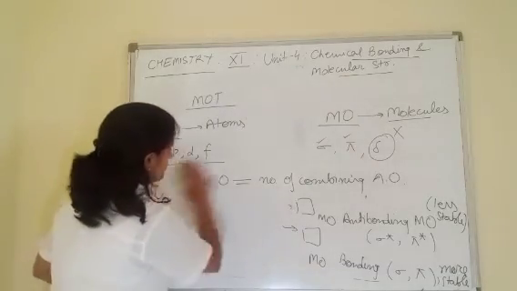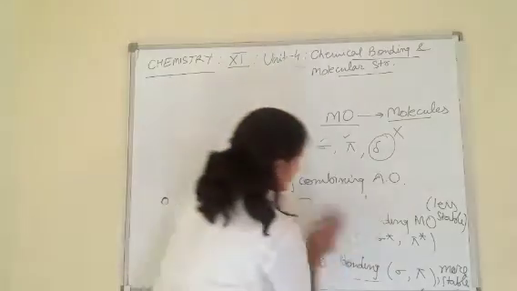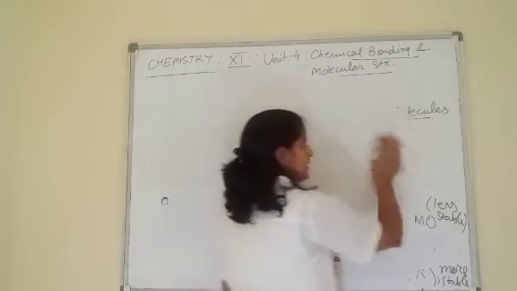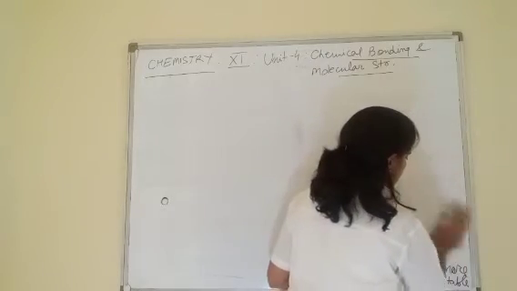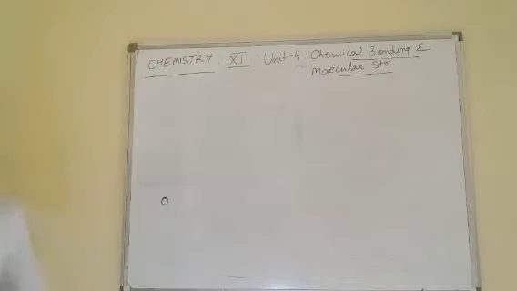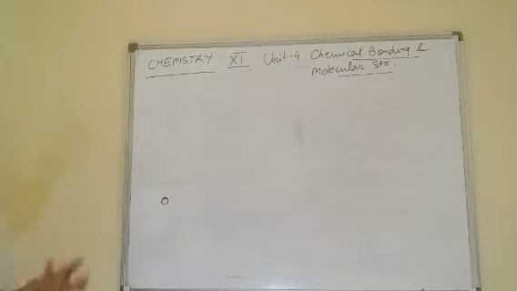Yes? Now, we will be talking about their formation. This was only a brief introduction of two types of molecular orbitals, bonding and anti-bonding. Now we will be talking about their formation, that how these orbitals, bonding as well as anti-bonding, are formed.